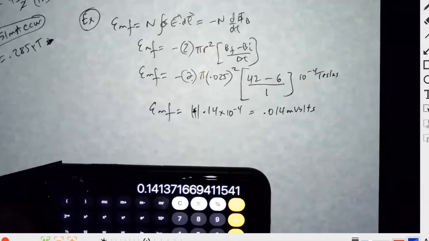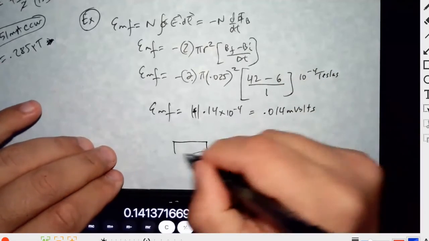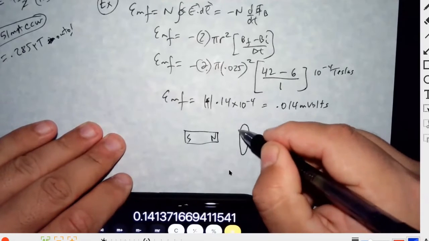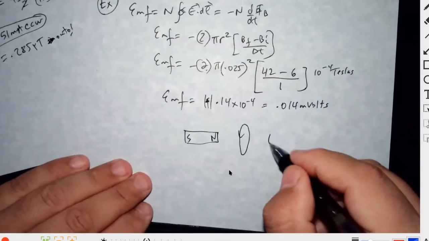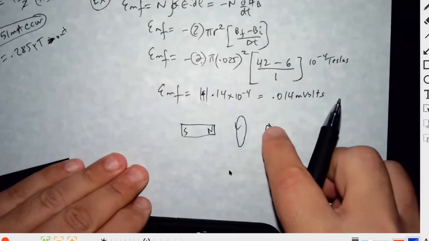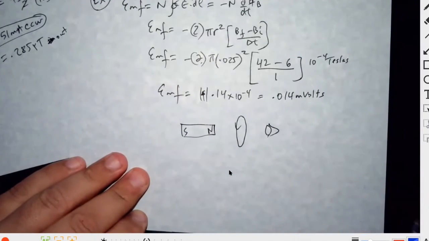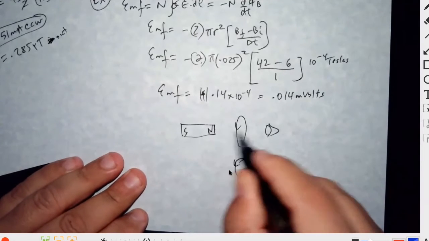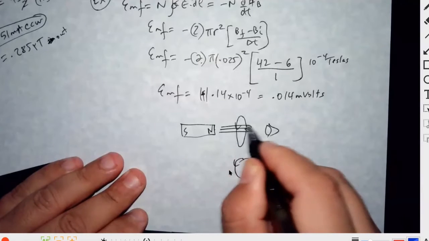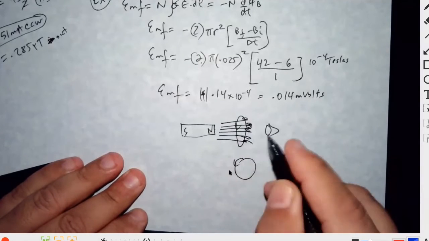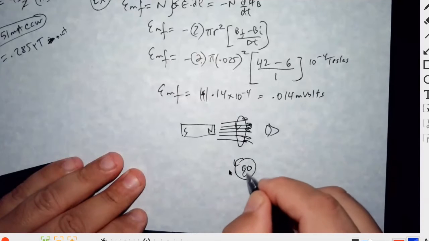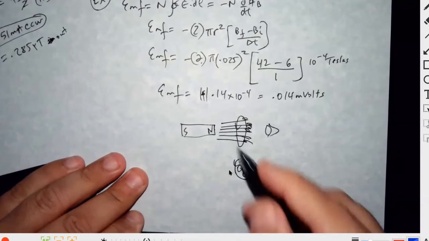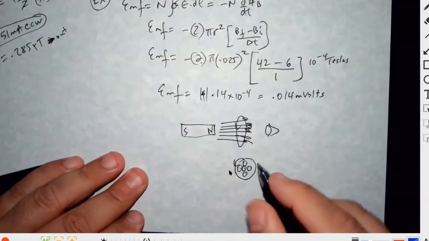Now, what should its direction be? This is a side view that we're seeing, north, south, right? From this end, what would you be seeing? If you look from this end, you would see whatever we had in our earlier example: a coil like this, with the field coming this way. But first it would be very weak, and then we would see it getting stronger as you put this in.